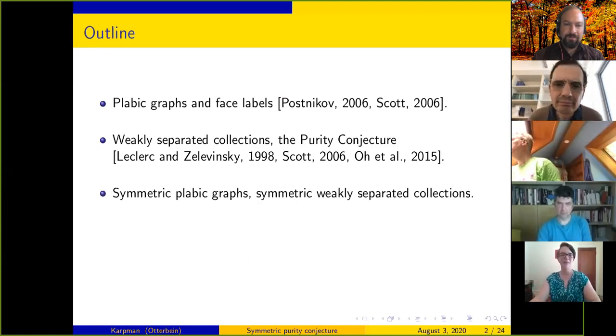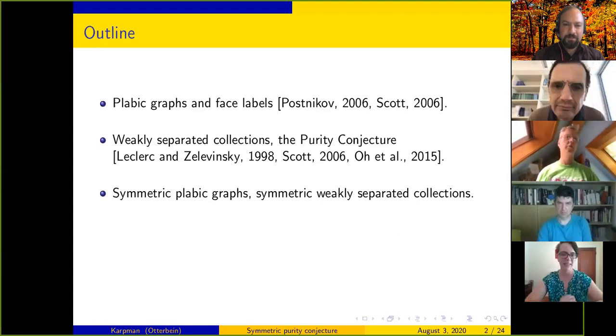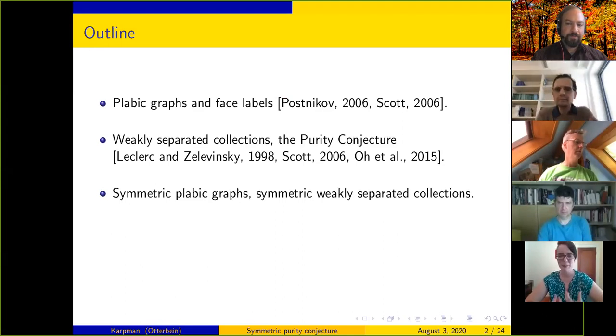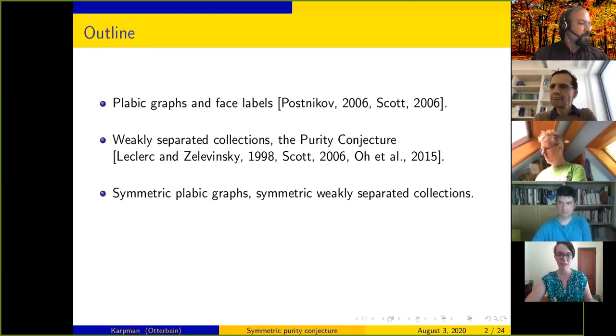And then I'll go over symmetric Plabic graphs, which are Plabic graphs, again, with just a very elementary symmetry condition overlaid. Talk about how those can be interpreted algebraically, geometrically, and introduce a symmetric notion of weak separation.